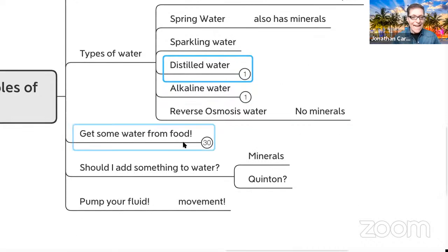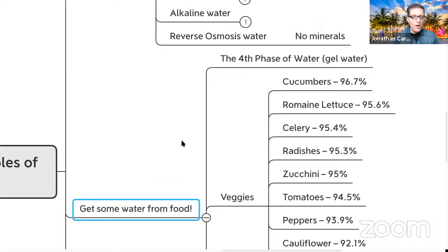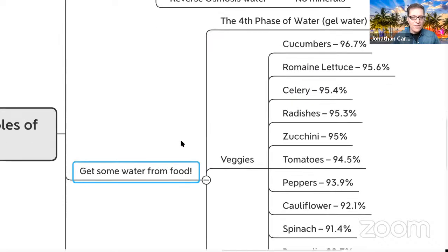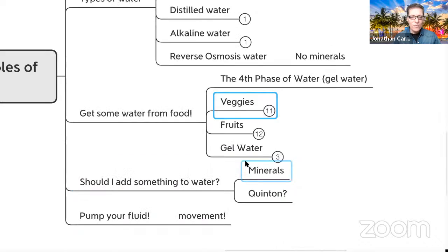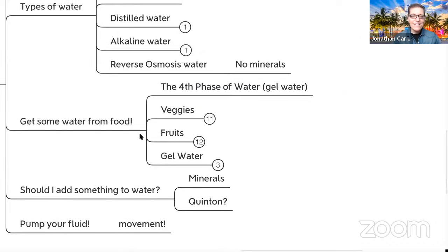Okay, the next thing is that we want to get water from your food. Now, I know that sounds weird, but there is a doctor, I'm blanking on his name, who discovered something called the fourth phase of water, which is like water that is almost like a gel, and they say it's H3O2.